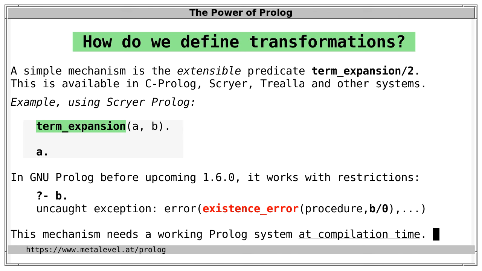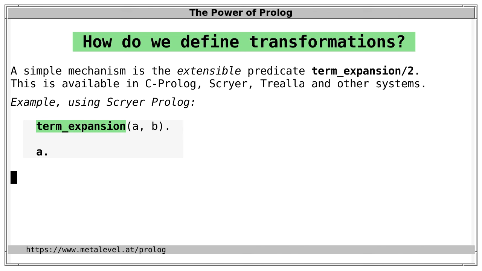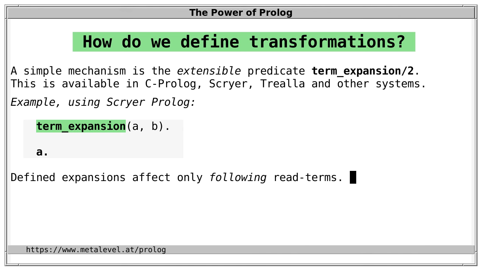It works only if the compiler can interpret defined expansions, so it can somehow access a Prolog system, and in addition to that, the compiler must be able to take clauses into account immediately after reading them, because we expect the defined expansion to affect every following read term. And in fact, only following read terms, and not those that textually precede it.